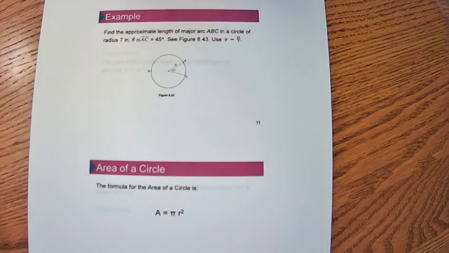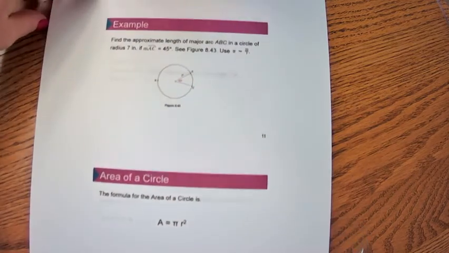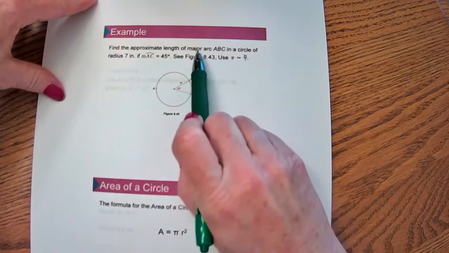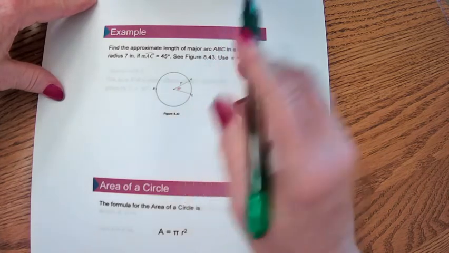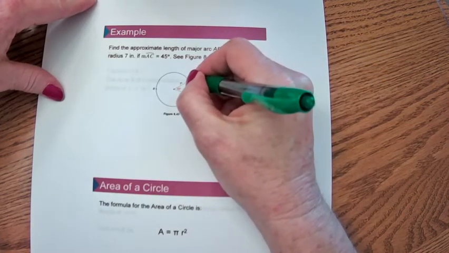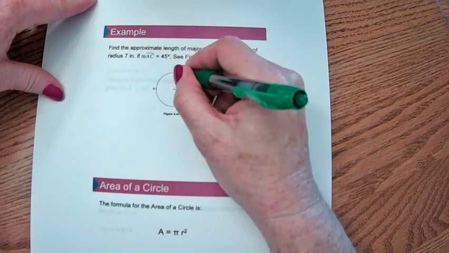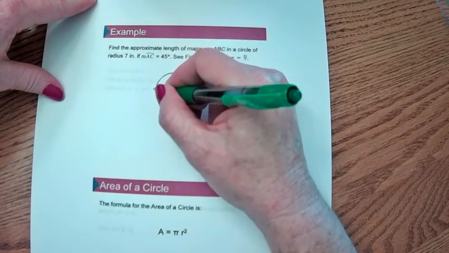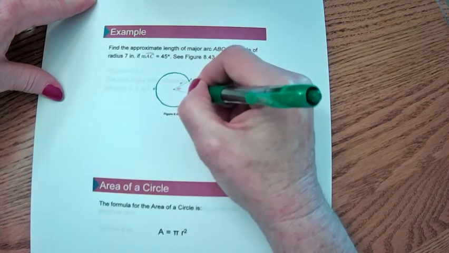All right, so let's practice this. Here I'm told they want us to find the approximate length of the major arc ABC. So be careful. They want the length of this arc, the arc length of this major arc.